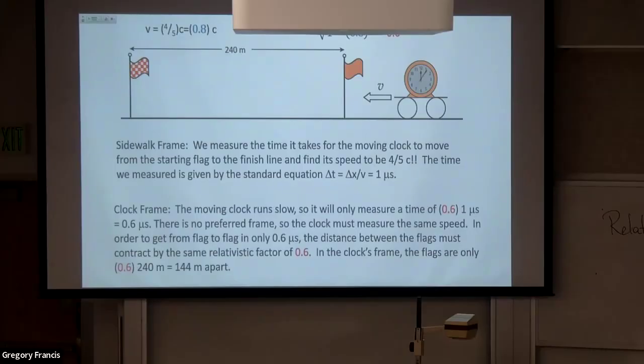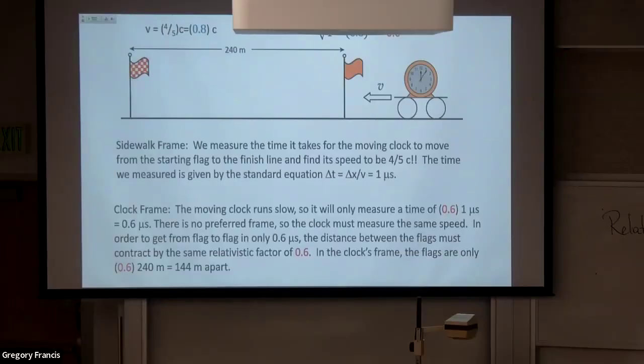That relativity factor is going to make sure that their clock runs slow. So if my clock is reading 1 microsecond, their clock is only going to read 60% of that, or 0.6 microseconds, okay? And so that brings up a problem.